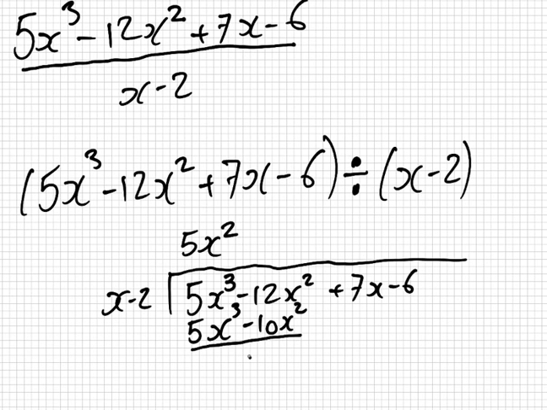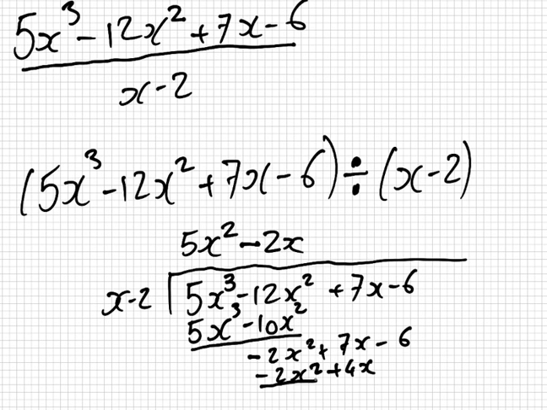It'll be minus 2x squared plus 7x minus 6. Now, what's next? Yeah, minus 2x, isn't it? So you get minus 2x squared plus 4x.